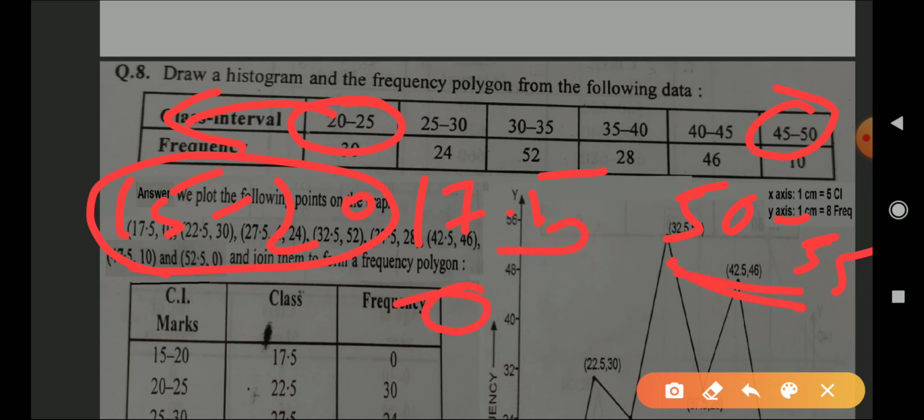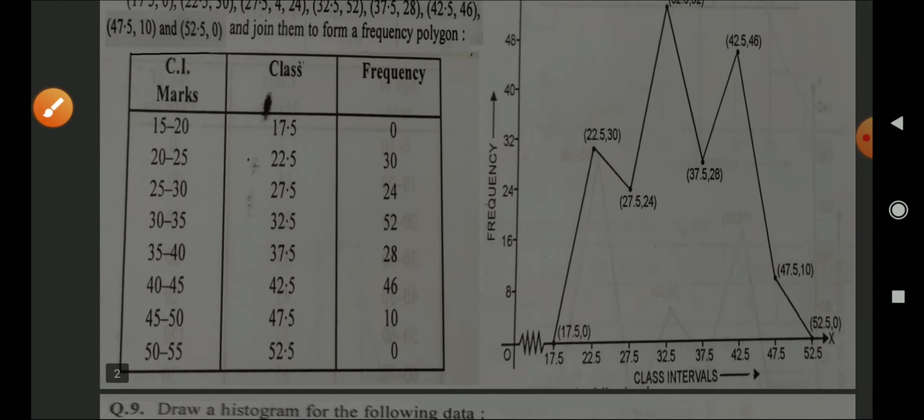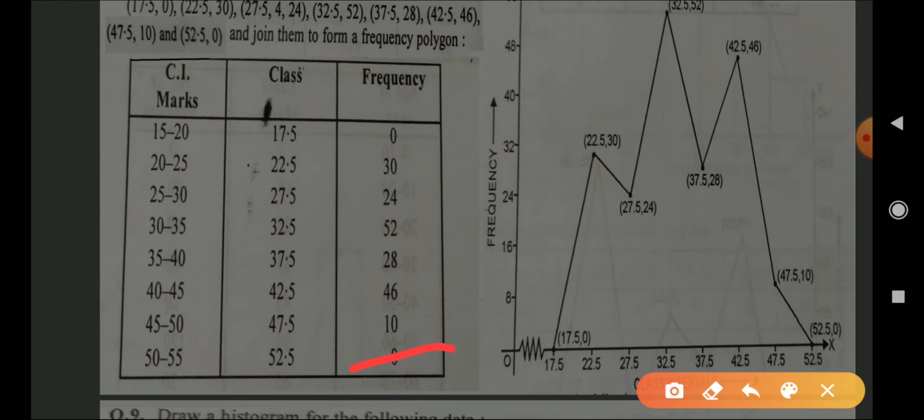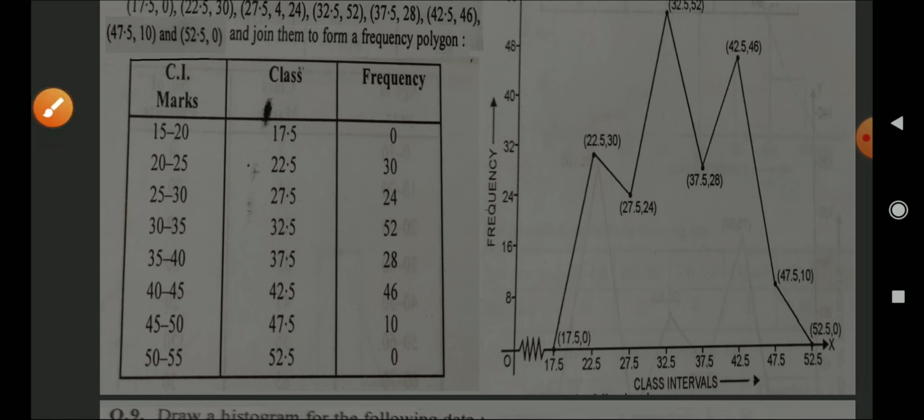For the class 50 to 55, the class mark comes to 52.5, and there also the frequency is 0. So you will have class marks 17.5, 22.5, likewise up to 52.5, and the frequency will start with 0 and end with 0: 0, 30, 24, 52, 28, 46, 10 and 0.